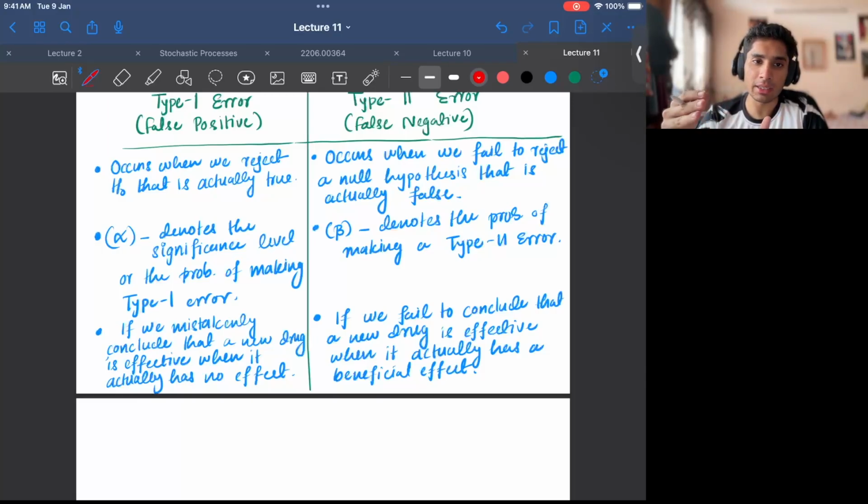To believe that some medicine has some effect, you will need more evidence. I think it varies from situation to situation. However, in most cases, falsely rejecting, a false positive, would be more harmful than a false negative.